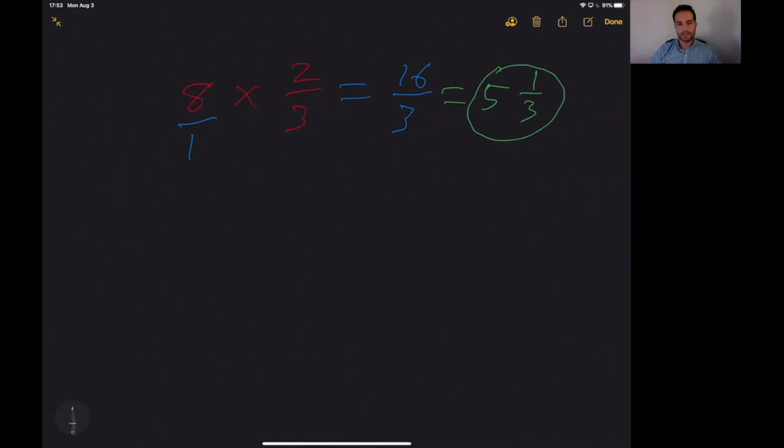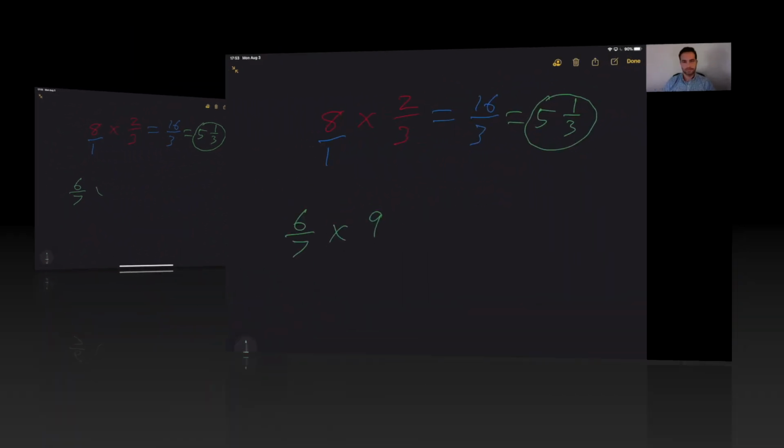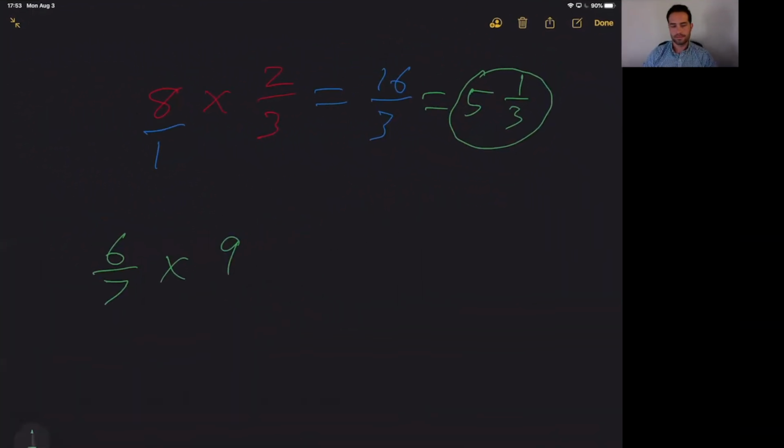All right, so that would be the same case if you're doing a fraction, 6/7 times a whole number, 9. So again, we're going to do 6/7 times 9.